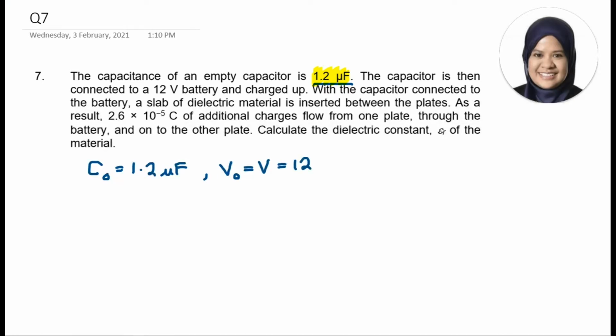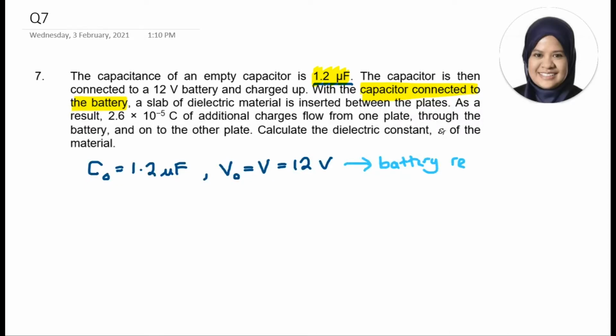Ini ada kaitan dengan dia kata with the capacitor connected to the battery, meaning that battery is connected in the process. Once the capacitor is fully charged, the battery is still there. So, kenapa battery sama? Battery remains in the circuit.